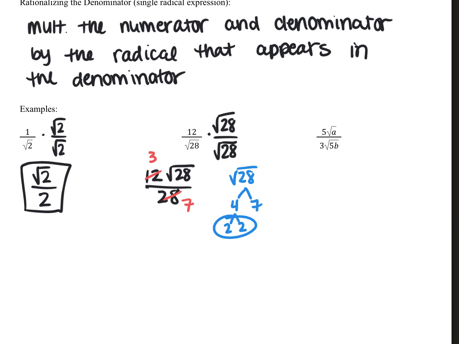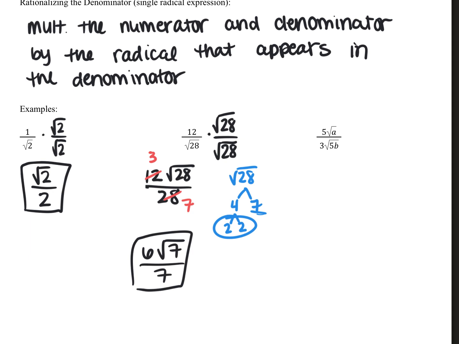Since I've already simplified the 12 and the 28, and I now have a 3 and a 7, this 2 is now going to multiply to the 3 that's in the numerator and give me 6. Underneath the square root, I have a lonely 7, so square root 7 all over 7. Then I need to double check that I can't simplify anything else, and I can't.